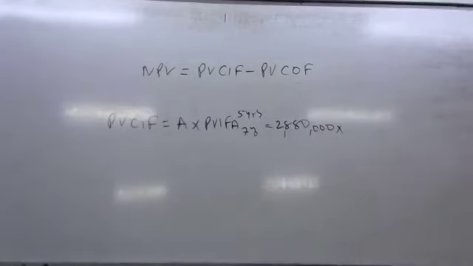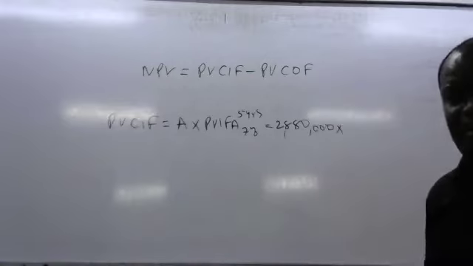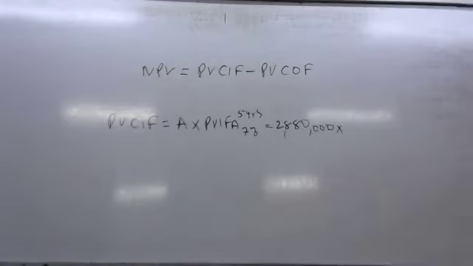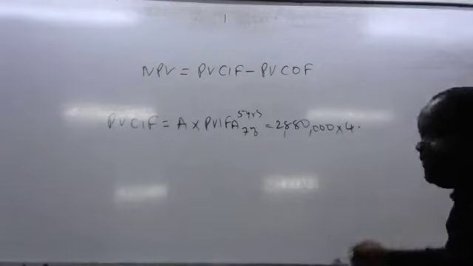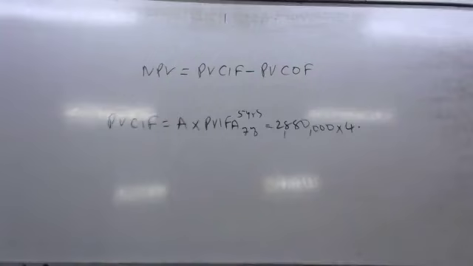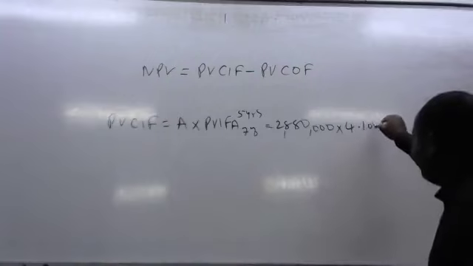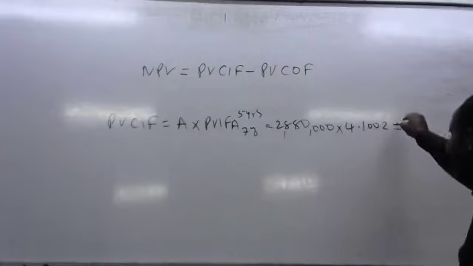Then check in the annuity table. What is 7% in year 5? So we confirm in the annuity table, 7% in year 5: 4.100, 2 like that.